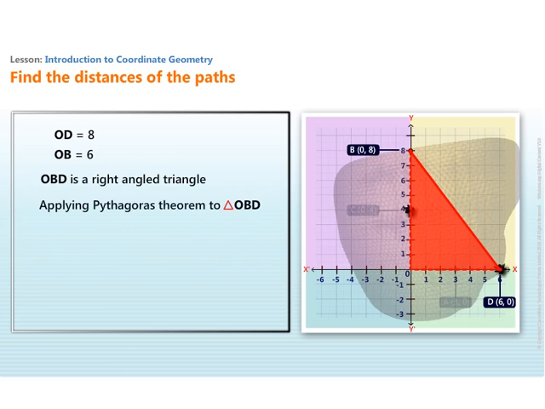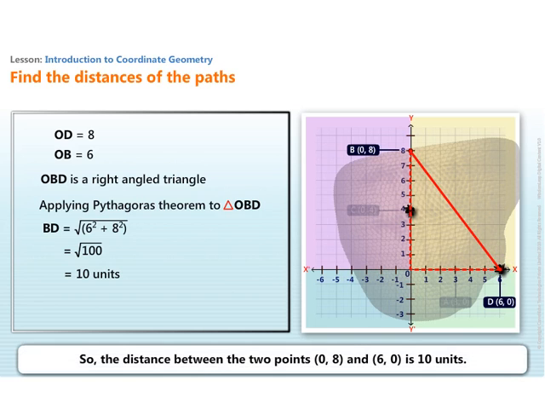Applying Pythagoras' theorem to right triangle OBD, we get the value of BD equal to 10 units. So, the distance of the path traced by the second bee is 10 units. The distance between points with coordinates 0, 8 and 6, 0 is 10 units.